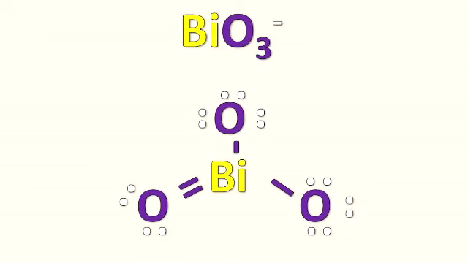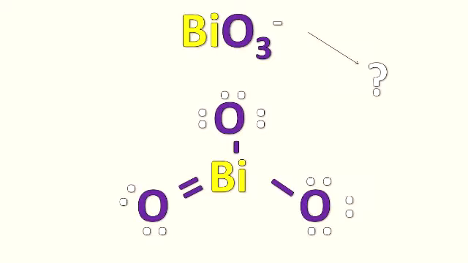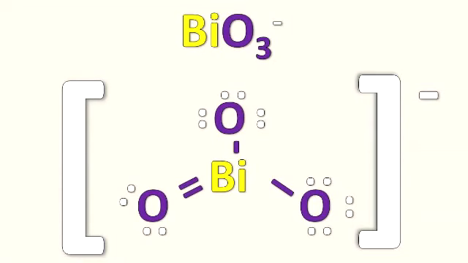For the other oxygen, it has 2 electrons, so we put 1, 2, 3, 4, 5, 6 electrons. Now, for the formal charge of bismuthate, which is -1, we put a bracket in the Lewis dot structure of bismuthate, then put -1 outside.